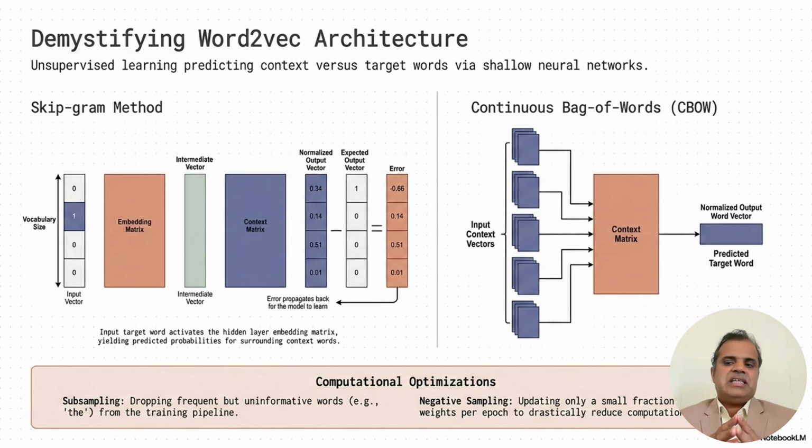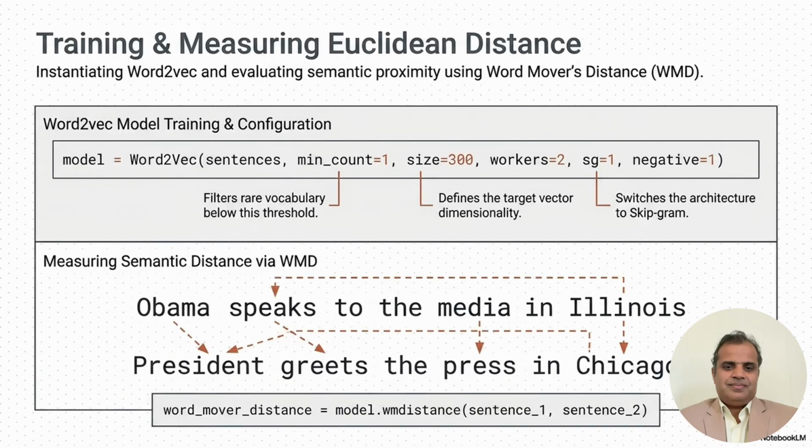To make this efficient on massive datasets, we use optimizations called subsampling, which basically removes uninformative words like the from training, and negative sampling, where the model only updates a small fraction of weights for unrelated words. This ensures the model learns quickly without being overwhelmed by the sheer size of the vocabulary.